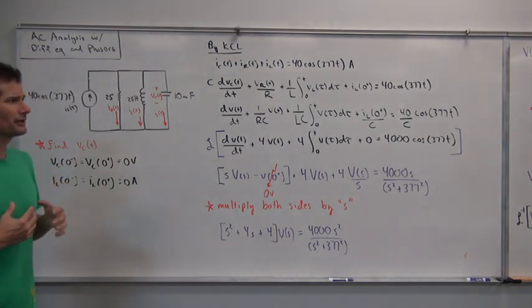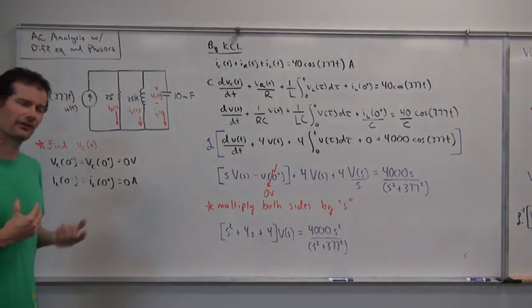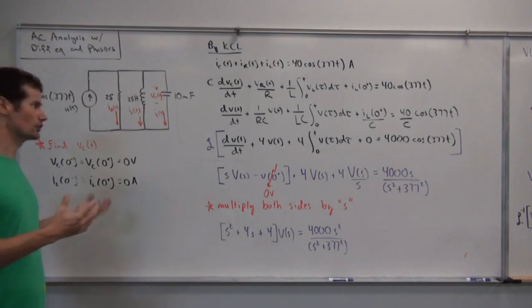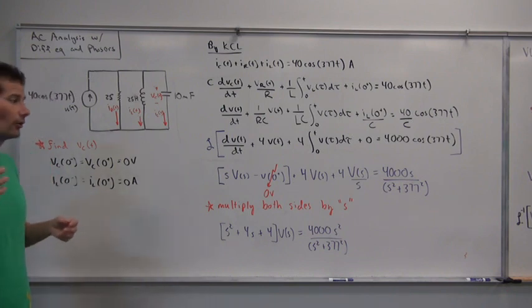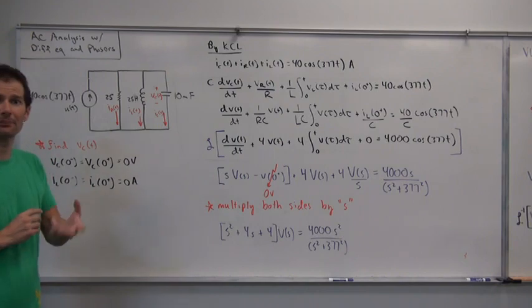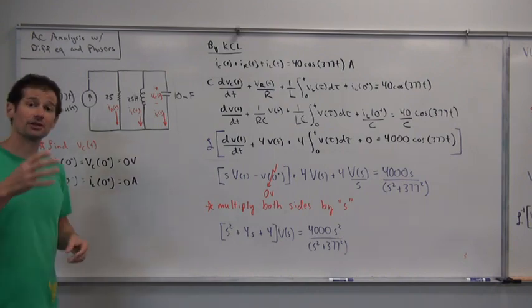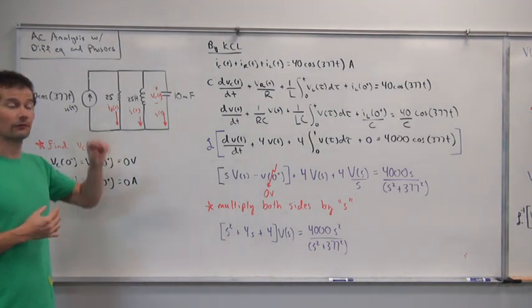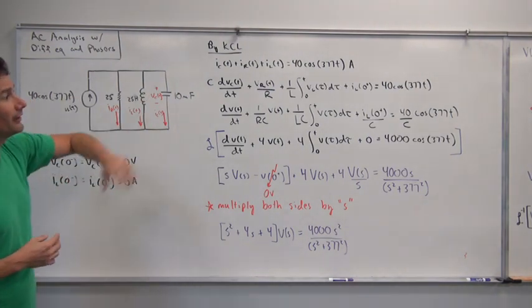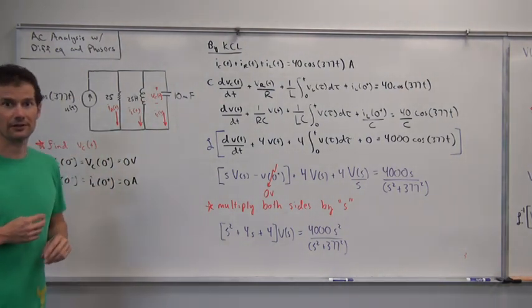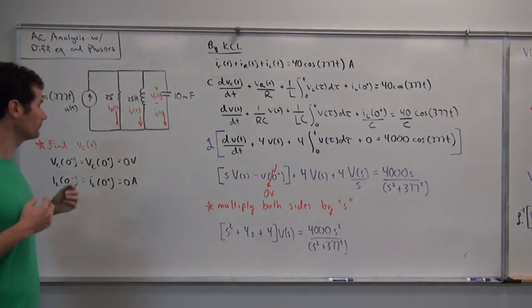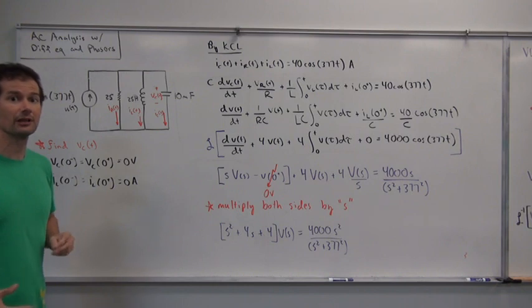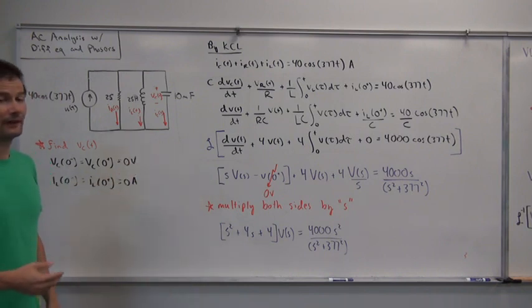And then from there, we're actually going to see why at some point we may not really care about the transient phase. We may only care about how the system operates in steady state. I want to show you guys that the result we get from doing AC analysis with differential equations, derived directly from KCL, is going to produce the same steady state solution that we would get with phasor arithmetic.